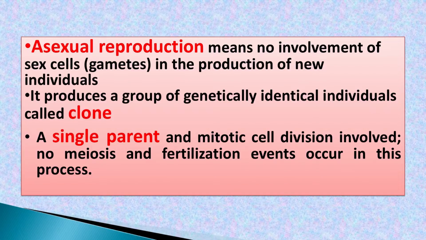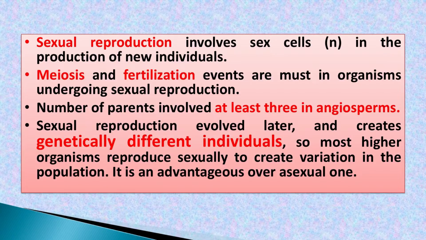On the contrary, sexual reproduction involves at least two parents, and the type of division, meiosis, and fertilization are involved therein. Asexual reproduction produces genetically identical individuals as it involves mitosis, the type of division, but meiosis is involved in sexual reproduction.